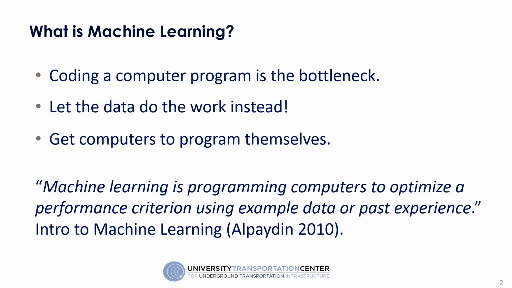In other words, let's find a way for the data to speak for itself. That is to get the computers to program themselves. Let the computers evolve the program. And that is what machine learning is. It's programming computers to optimize a performance criterion using example data or past experience.